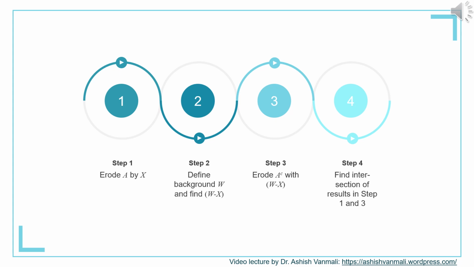Step 1 is to erode A with the structuring element which is provided, which we call X. Step 2 is to define a background W and find W minus X. The third step is to erode A complement with W minus X. And step 4 is to find the intersection of the results obtained in step 1 and step 3.